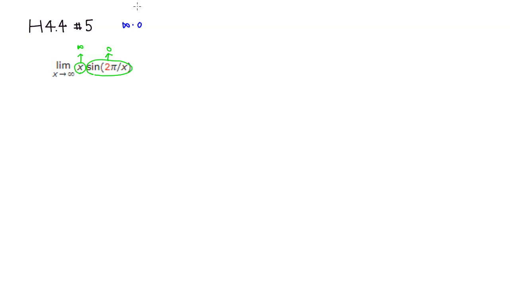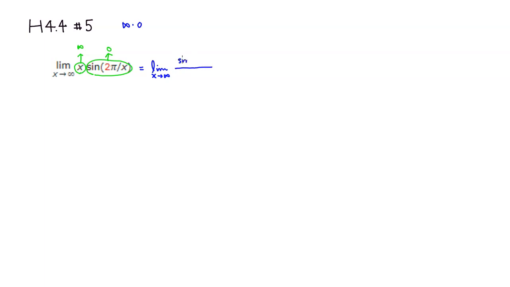Let's see which one. Let's try to create a 0 over 0 situation. It's a simple rewriting process. You have a limit as x approaches infinity. I'm going to keep sine of 2 pi over x upstairs.